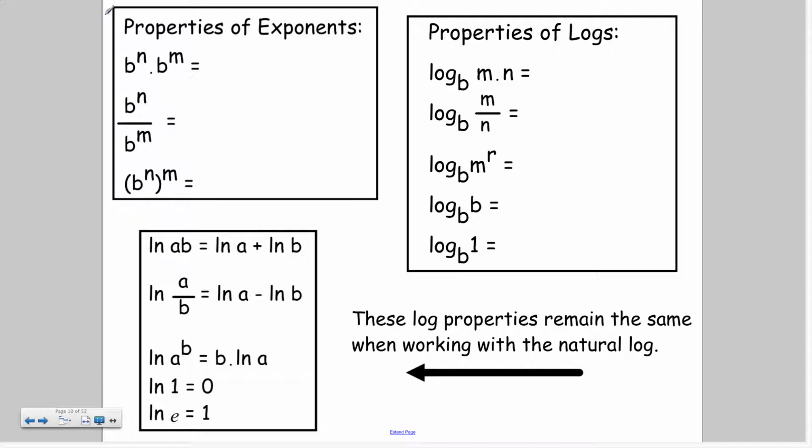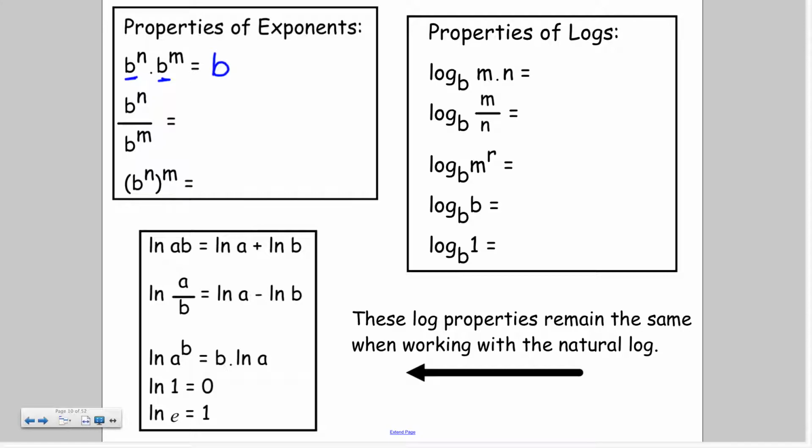All right, so the properties of exponents. We have the same base of b, but it is being multiplied together. Anytime that it's being multiplied, if we have the same base, then we add our exponents.